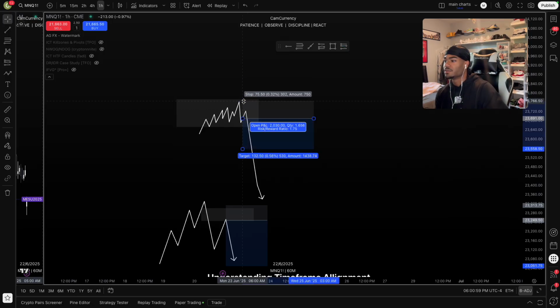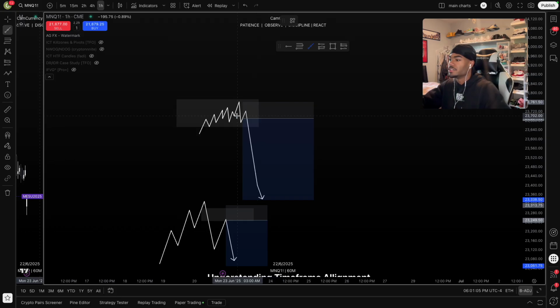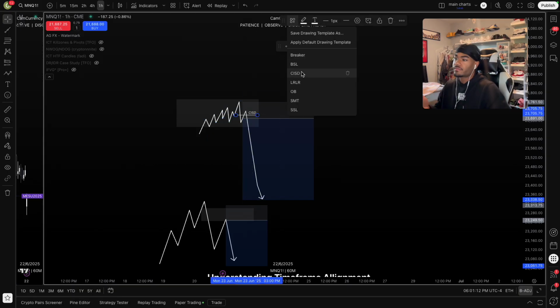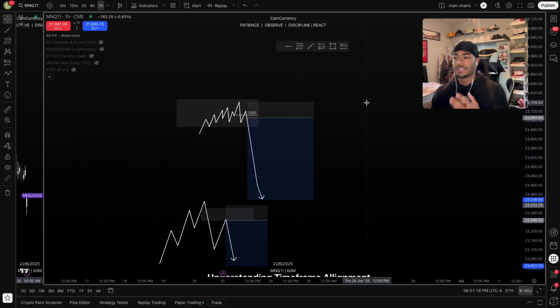The 15-second will be my entry model, and I'm targeting that external liquidity pool. I'm going to enter based off the change in the state of delivery, fair value gap, whatever the case. And this is now my entry. Now my risk to reward is almost double. That's basically time frame alignment.